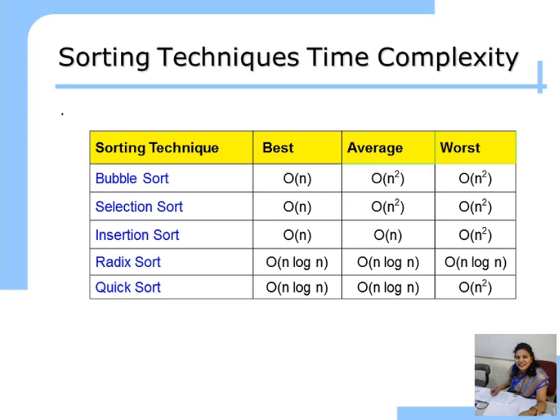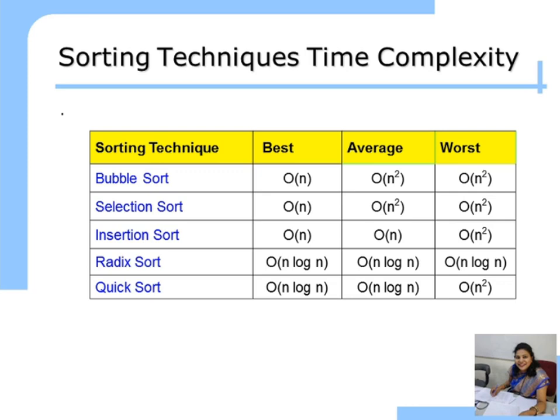Why? Because these four sorting methods are in-place sorts. We do not require extra memory for sorting, but in radix sort we require extra memory to store the buckets. As I told you, in radix sort, if your data is numeric, we require 9 buckets of space, and for alphabet or character data, we require 26 buckets.